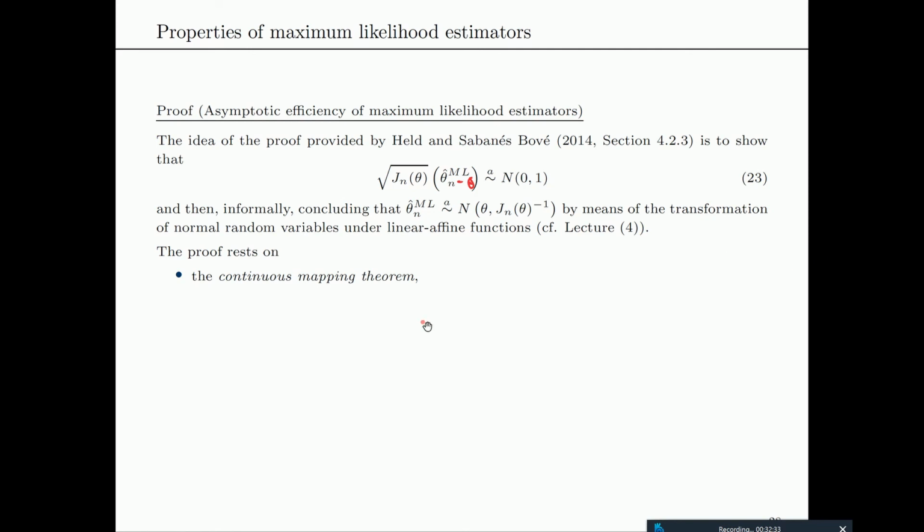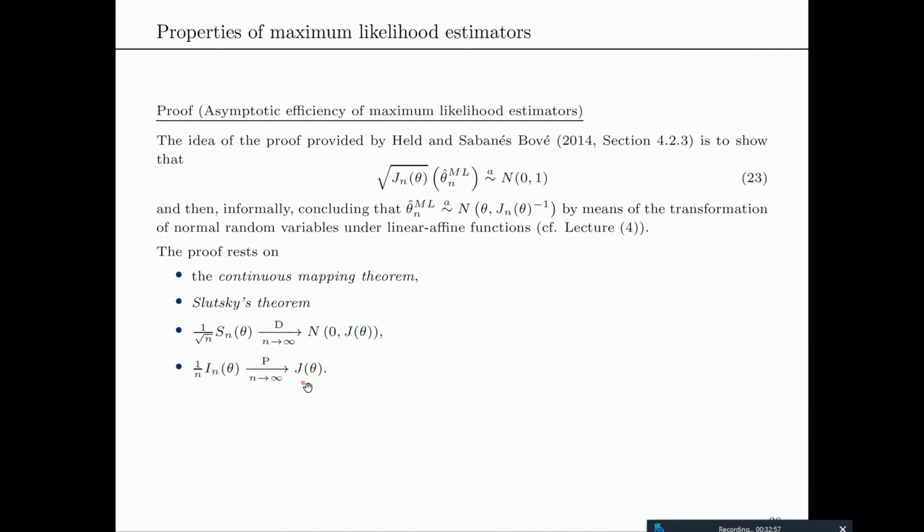So one needs the continuous mapping theorem, one needs Slutsky's theorem, one needs the fact that in distribution, the score function divided by square root of n converges to a normal distribution with the expected Fisher information of a single variable as variance.